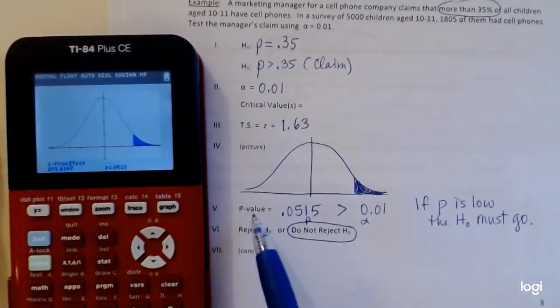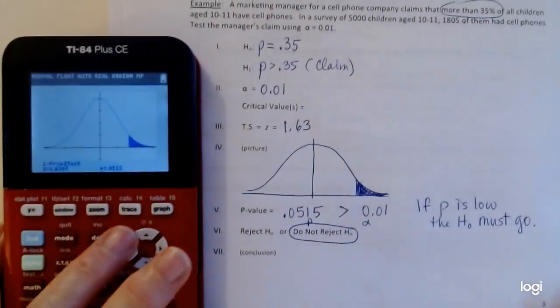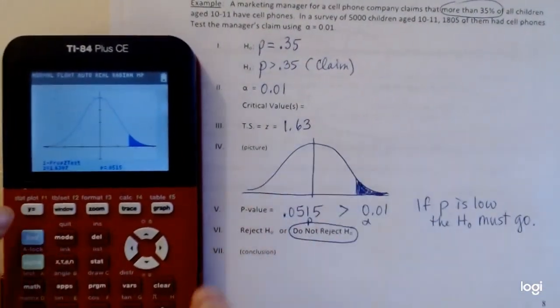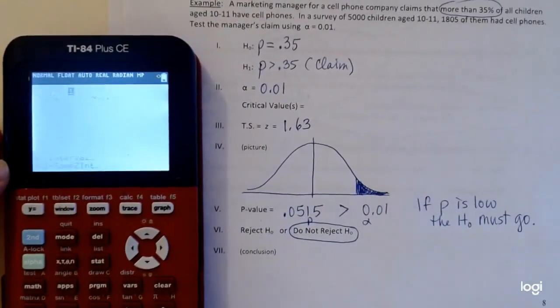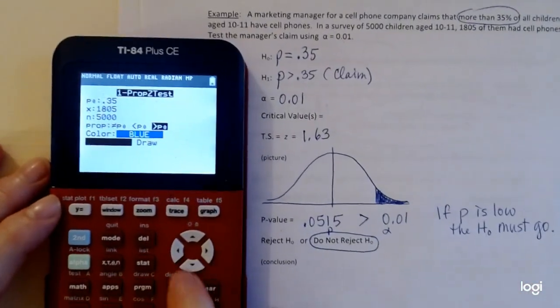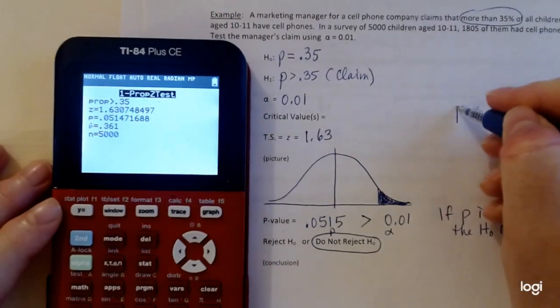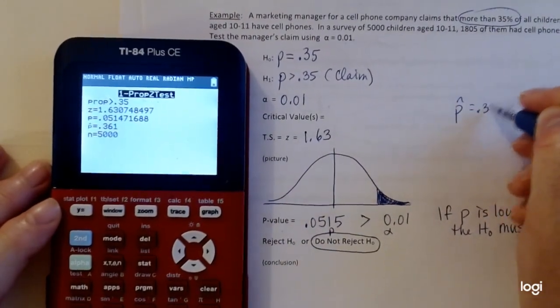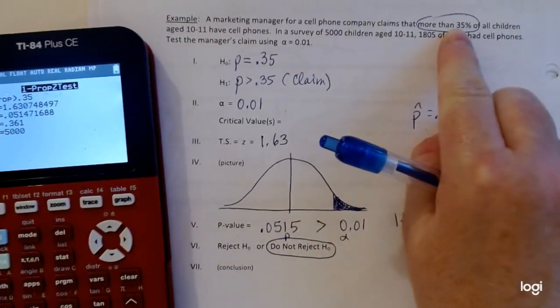Remember, that's what p is telling us: the probability of getting the test statistic that we got. And the test statistic, it doesn't ask for it, but we can easily find it, is 0.361. And 0.361 is higher than 35%.